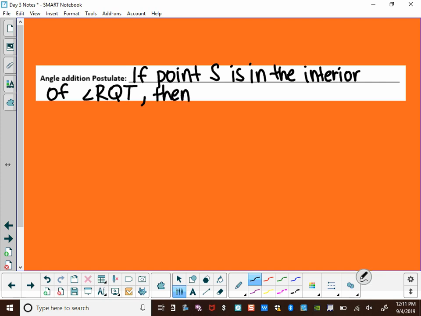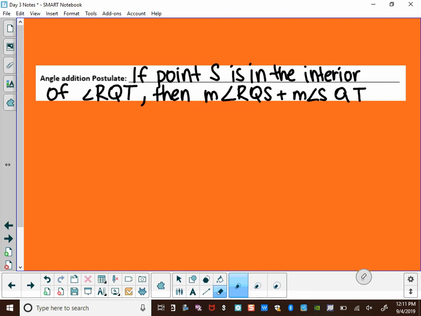Then the measure of angle RQS plus the measure of angle SQT, notice a lot of letters, SQT is equal to the measure of angle RQT.